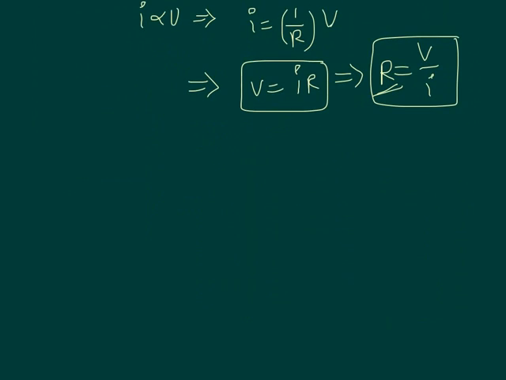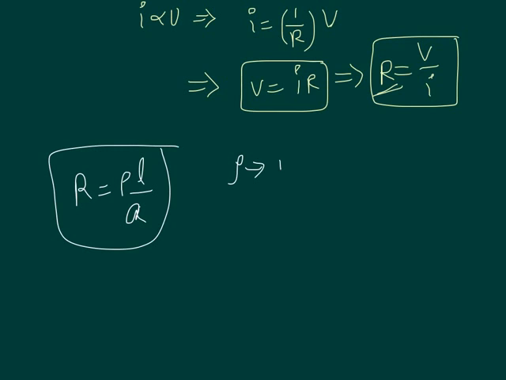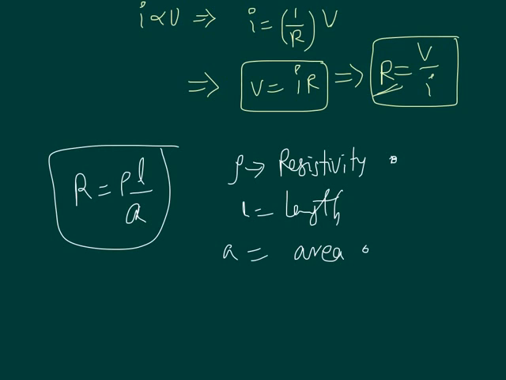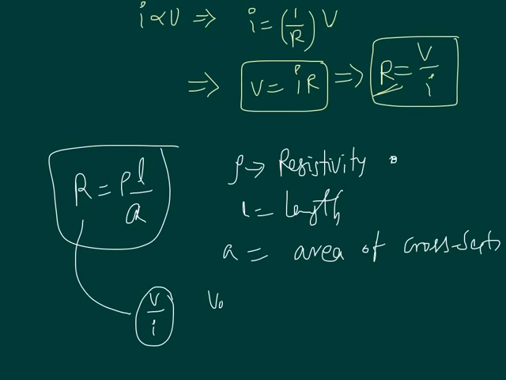R equal to rho into L by A, where rho is the resistivity of the conductor, L is length, and A is the area of cross section. The unit for R is V by I, so we can call it volt per ampere, or ohms.